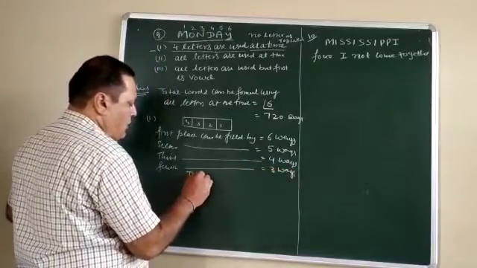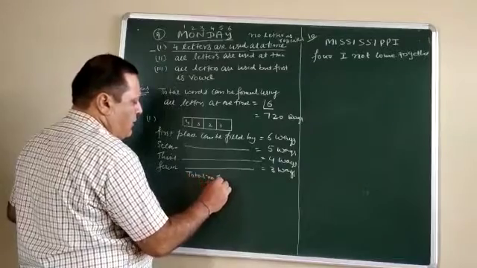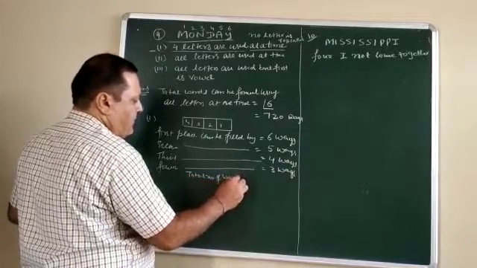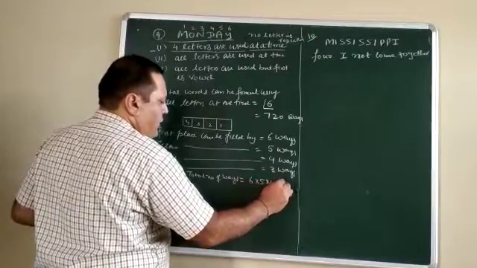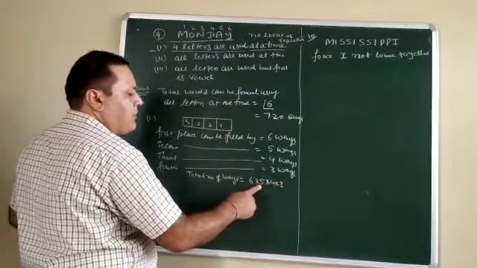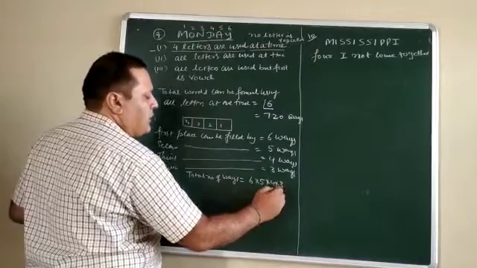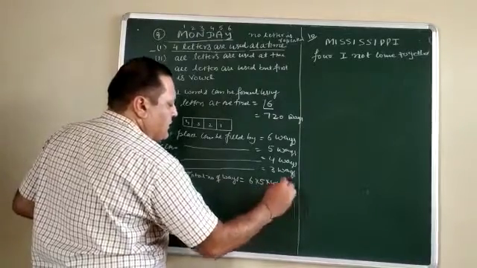So total number of ways is 6 into 5 into 4 into 3. 6 into 5 is 30, 30 into 4 is 120, into 3 is 360.